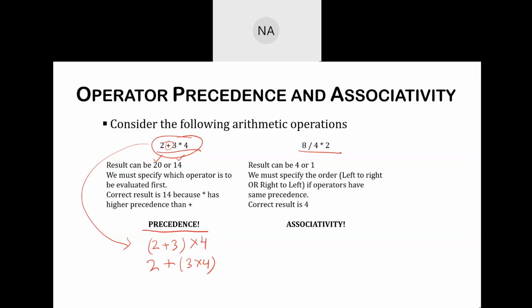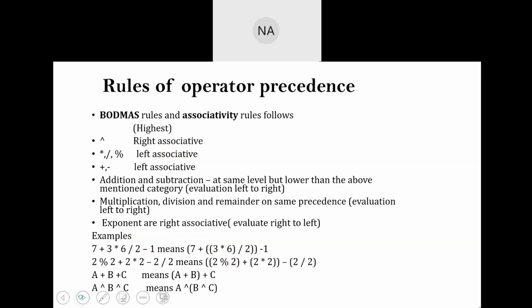This is called precedence, that is, we must be able to find the exact order of evaluation of operators in the given expression. A normal rule is the BODMAS rule, which you must have heard about.